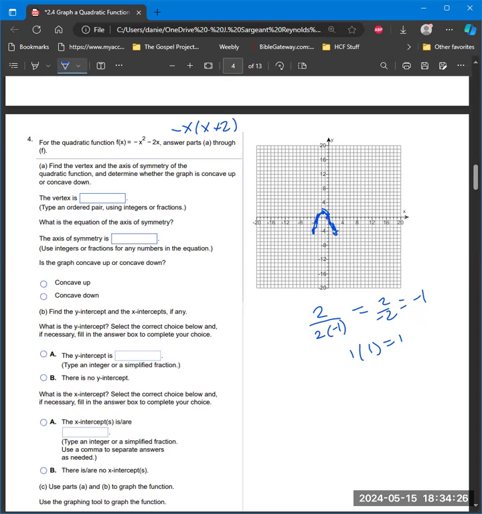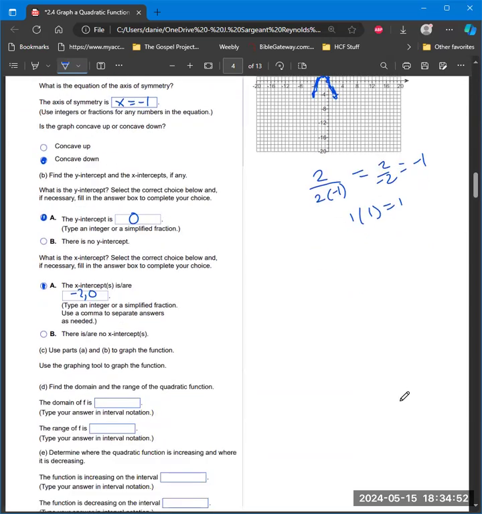Again, the graphing tool is going to be a whole lot better than that. So the vertex is at (-1, 1). Axis of symmetry is at x equals -1. It's concave down, it opens down. The y-intercept is again at (0, 0). The x-intercepts are at -2 and 0. The domain of the graph is -infinity to infinity.